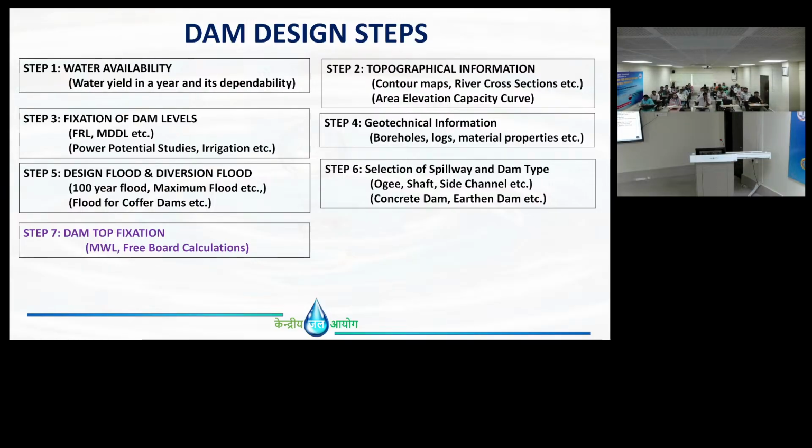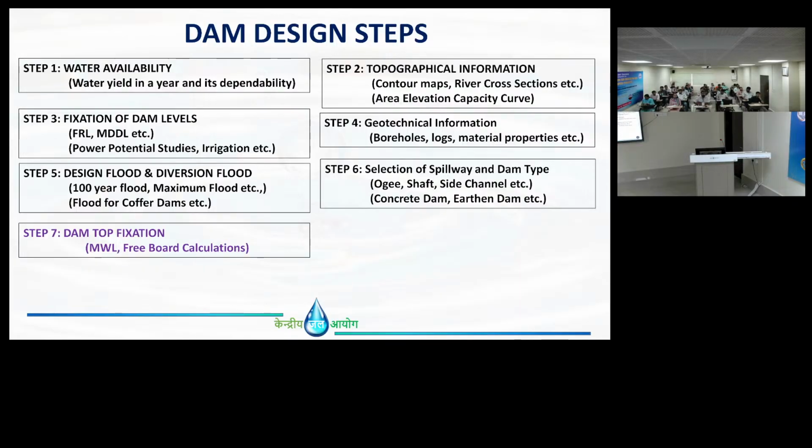It will try to accumulate in this dam, right? Because the inflow flood is 10,000, and you are able to pass only 5,000 from the spillway. So that tries to accumulate in this reservoir. So there will be some increase in reservoir level above FRL. That maximum level is called maximum water level. How much maximum? Because you have all seen this graph, right?